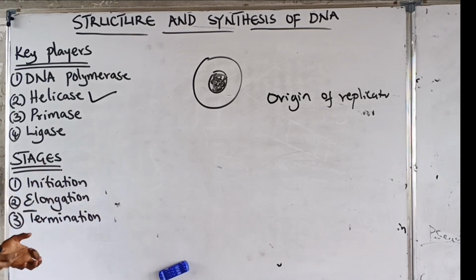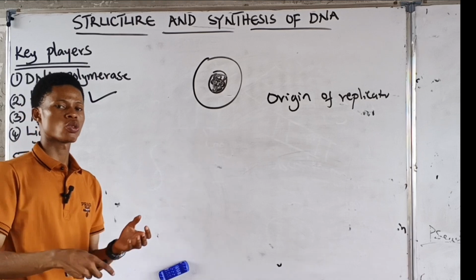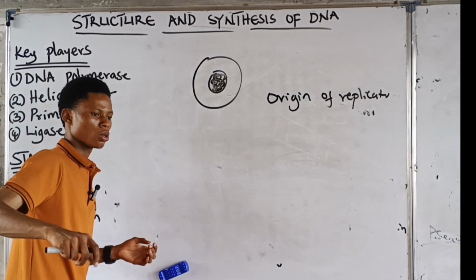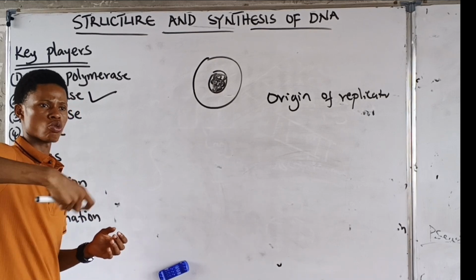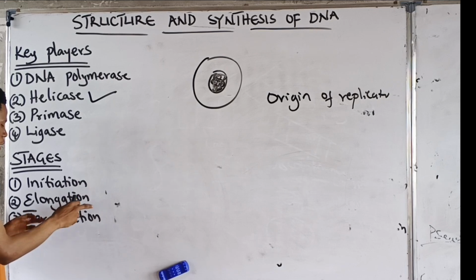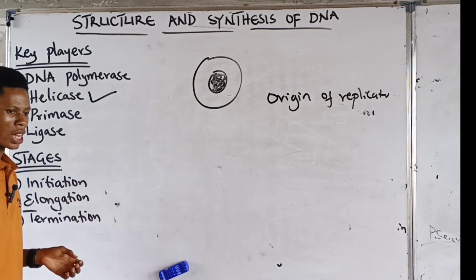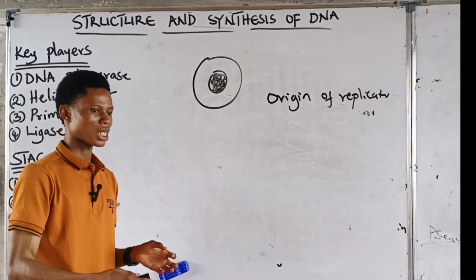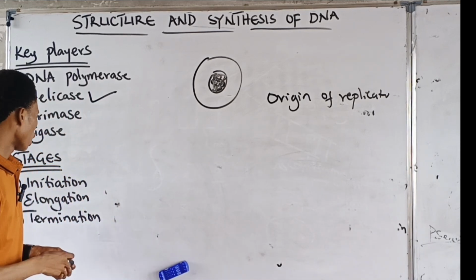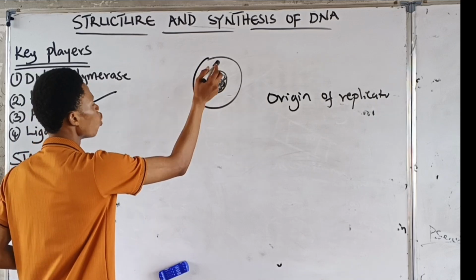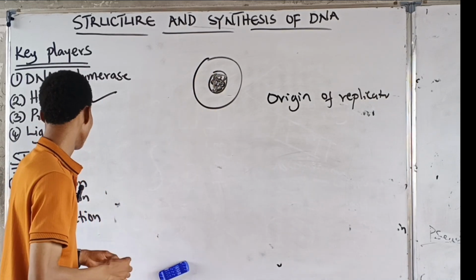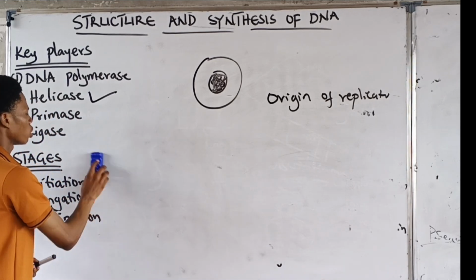Then after the two strands unwind from each other, each of the strands will serve as a template for the synthesis of a new strand. So primers will attach, and nucleotides will start to be added to the second strand. That is elongation. Once you are done adding the nucleotides, and we've replicated the whole chromosome or a good portion of the chromosome, then termination will take place.